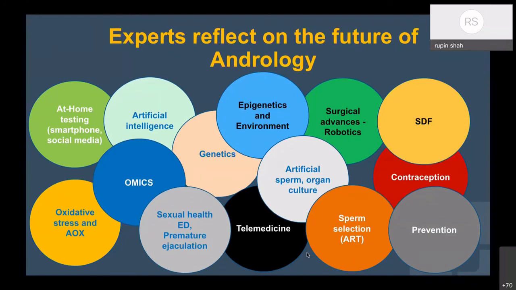So we realized that though we started as a group to study varicocele, we are now possibly a group that can look at every aspect of male infertility and related areas, covering topics ranging from artificial intelligence to artificial sperm and everything in between.